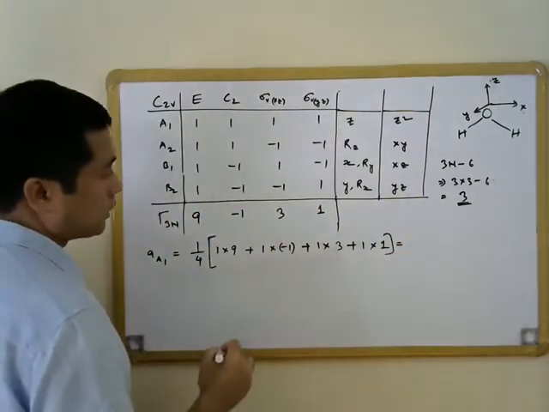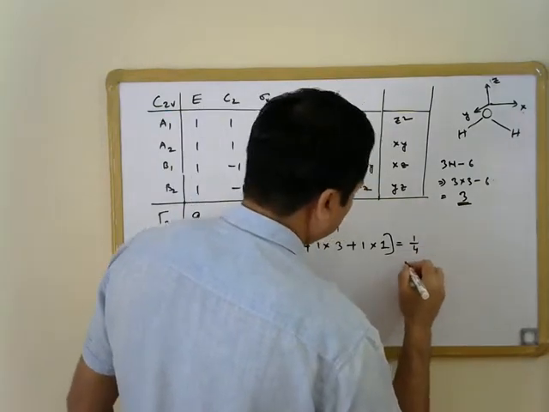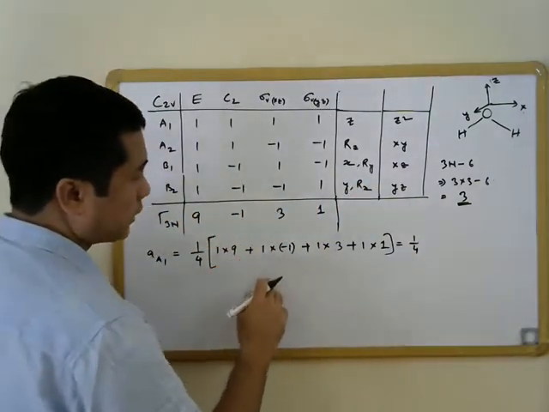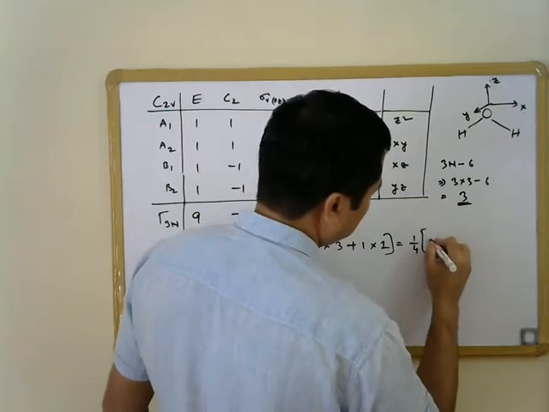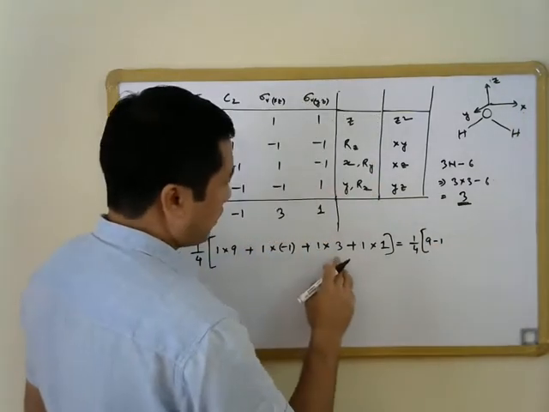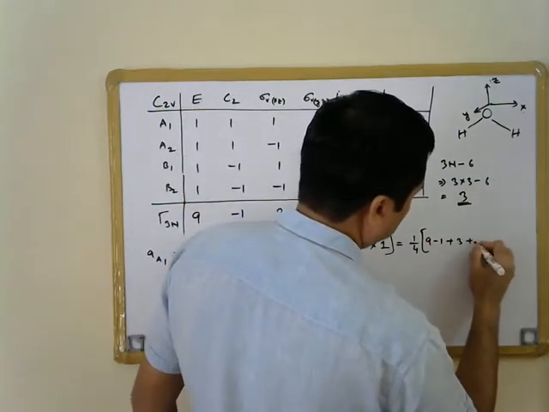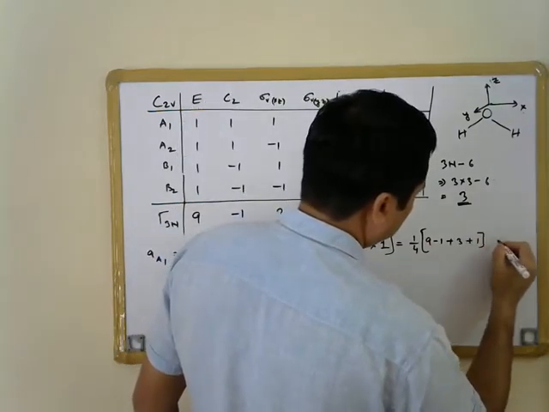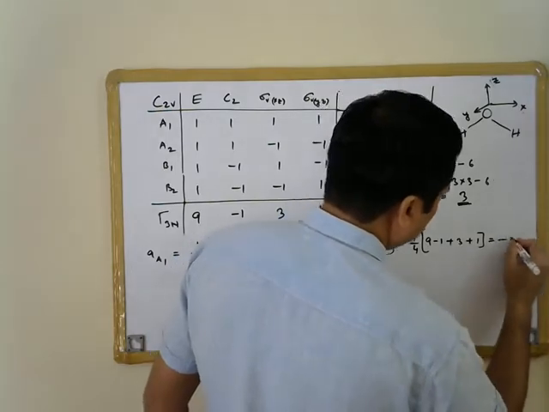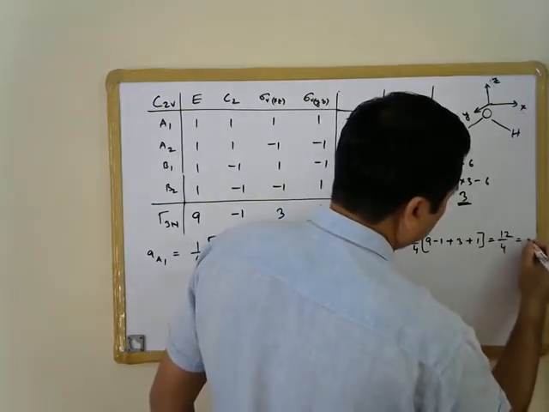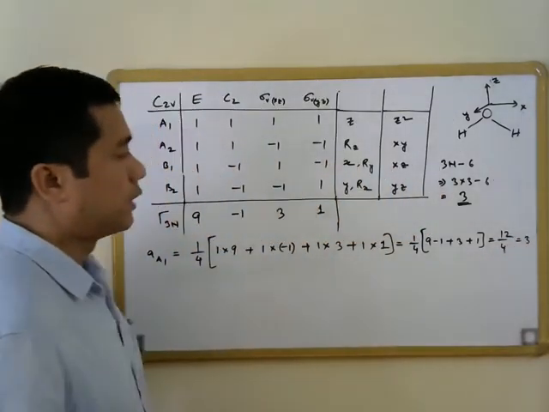So this will give us 1 by 4, 9 minus 1 minus 1 plus 3 plus 1. So that is going to be equal to 12 by 4. So the answer is going to be equal to 3.